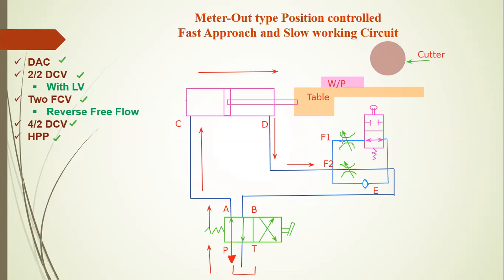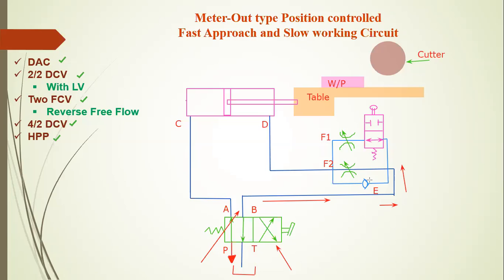Whenever the other stroke is active, it is the retract condition. Retract condition means the oil passes from pump to B, that is, from P to B. Here the secondary position of the 4 by 2 is active. The oil passes from B to this line.